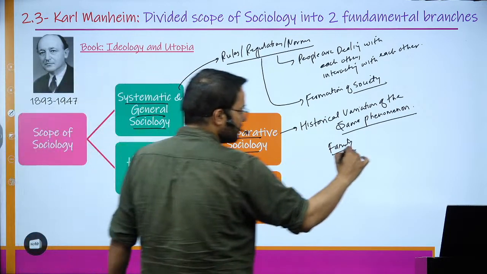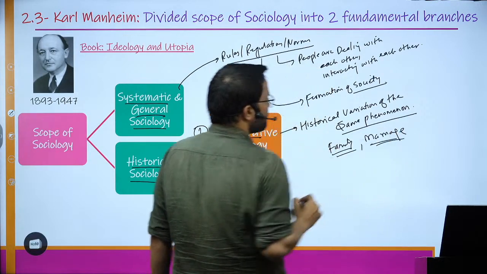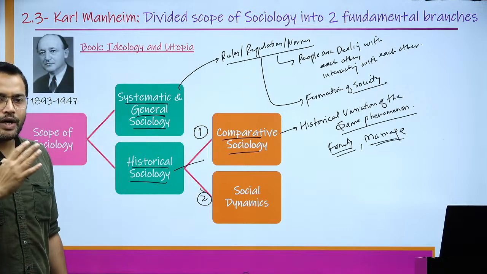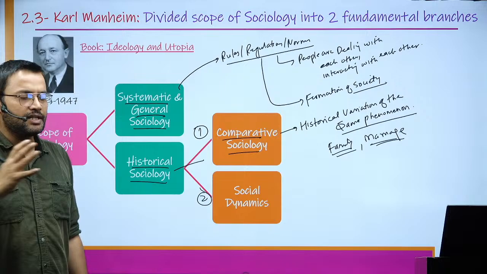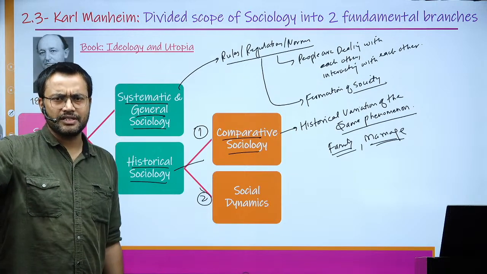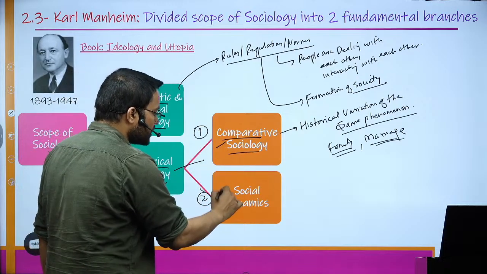Like marriage, how marriage as an institution has changed, how education as an institution has changed, how political institutions have changed. Earlier there was monarchy, dictatorship, democracy, all these things you can talk about. If this is comparative sociology, what is social dynamics?